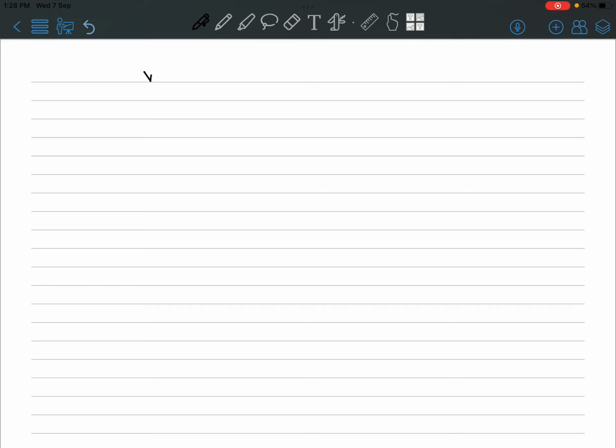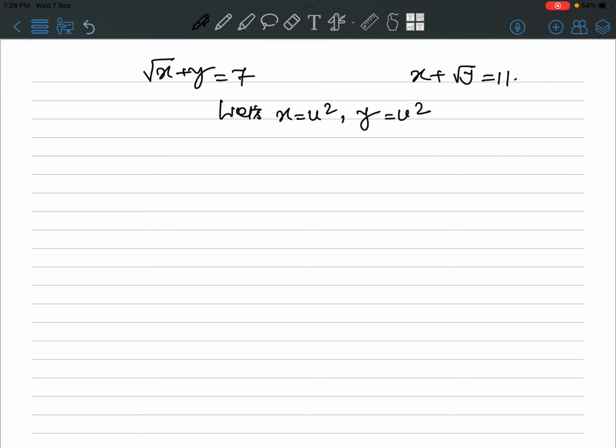So in the problem, the first equation is root over x plus y equals 7, and the second equation is x plus root over y equals 11. To solve this, let's take x equals u square and y equals v square. Now we replace x and y in both equations.